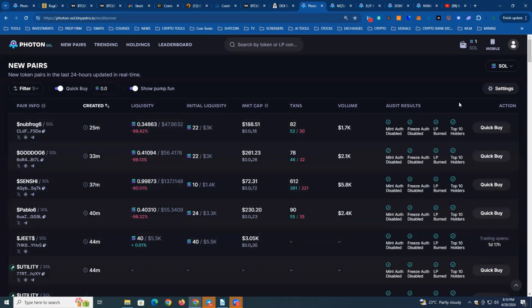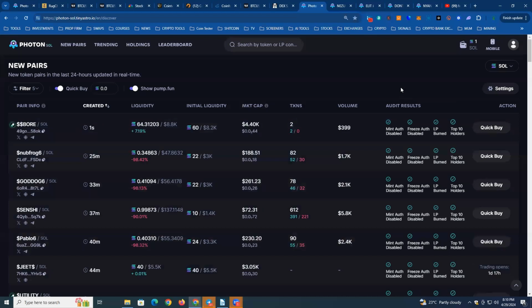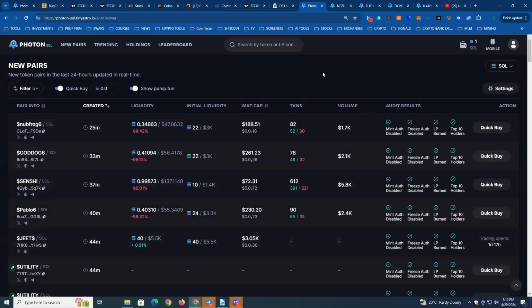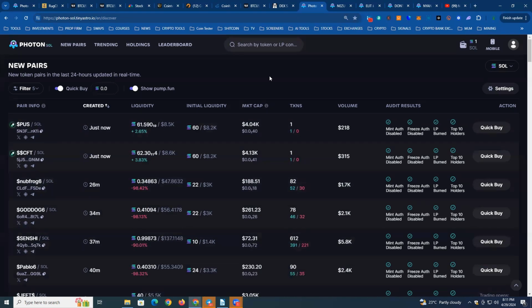Now, this is not to say that those coins that meet these audit requirements are necessarily going to automatically be profitable and not rug pulls, because there are a number of ways that coin developers can do rug pulls. And the reality is, no matter how much due diligence you carry out, you're still dealing with the heart of man, and anything can happen in the market.